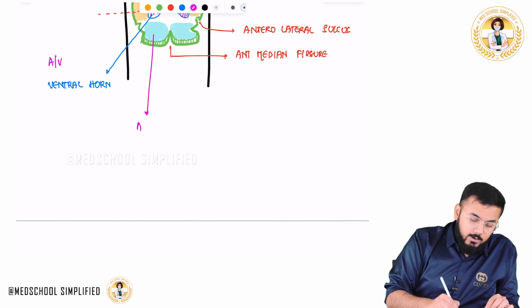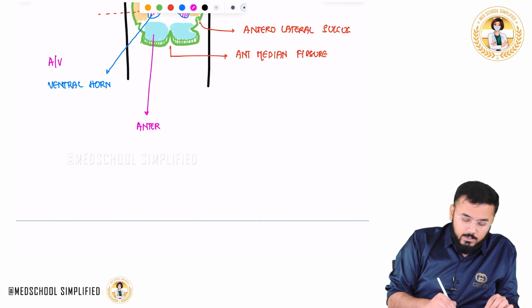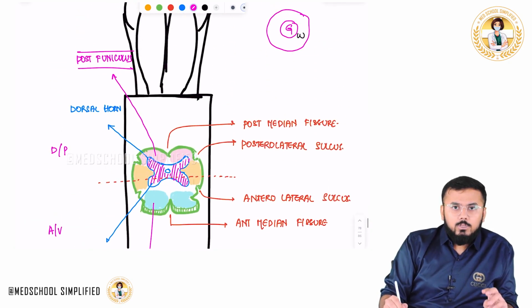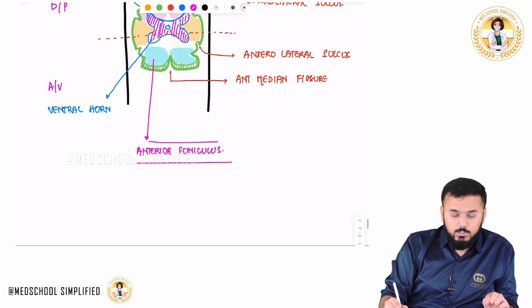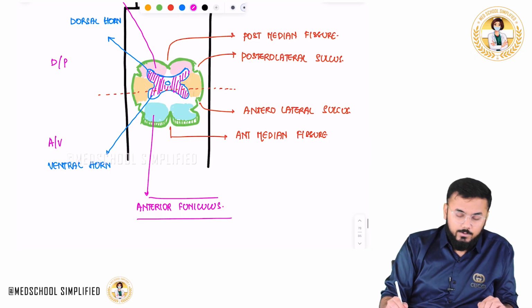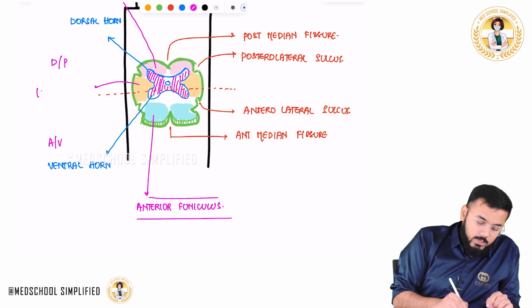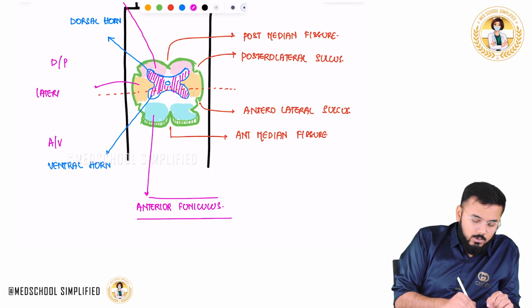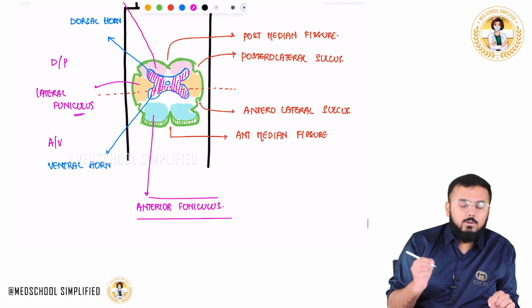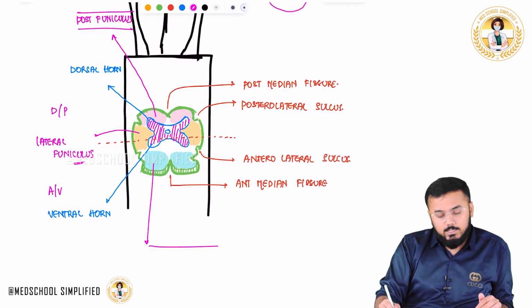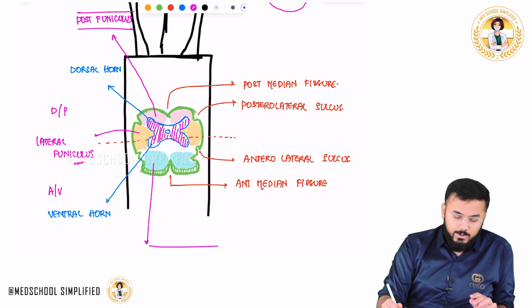And this particular one is called the anterior funiculus. So how many funiculus do you have? One is the posterior funiculus, another is the anterior funiculus. And what is this funiculus here called? This is called the lateral funiculus. These are the structures which you can see within your spinal cord.